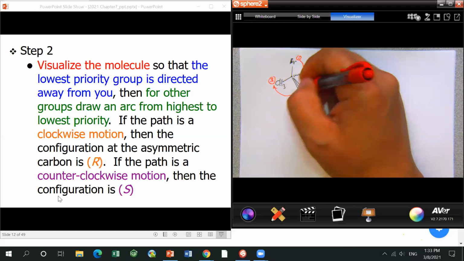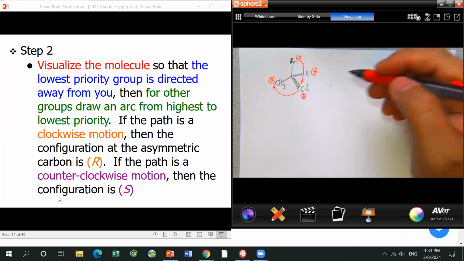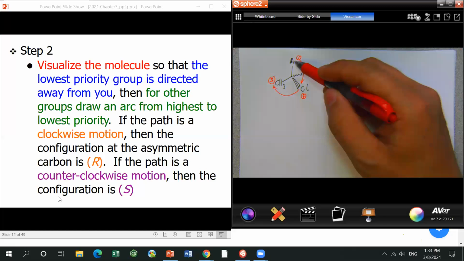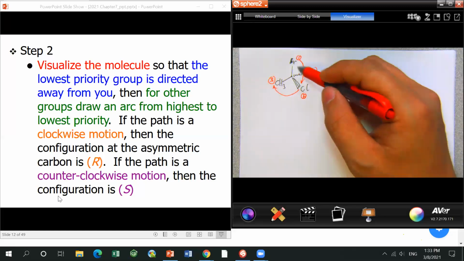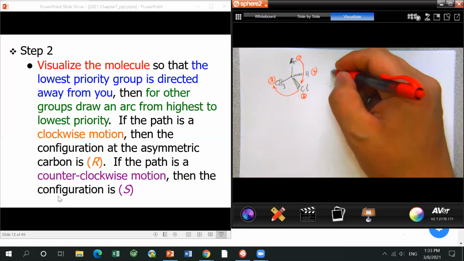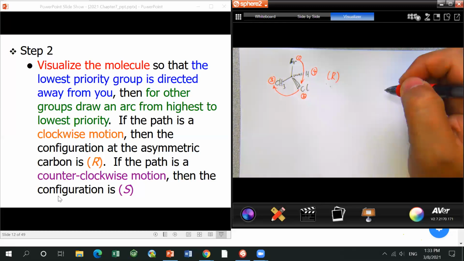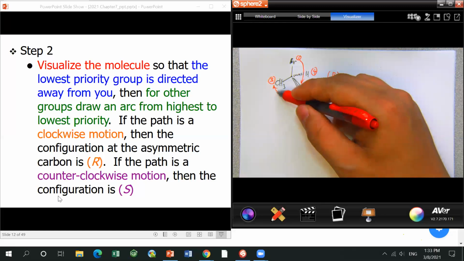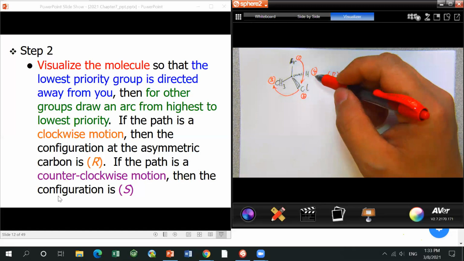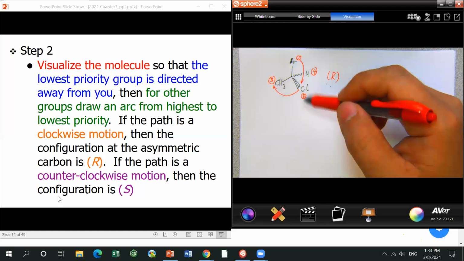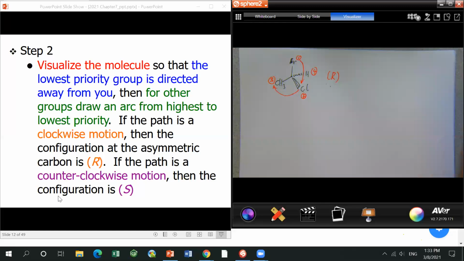So 1 to 2, 2 to 3. If this arc direction is clockwise, like in this example, then we assign it as R. If the arc direction goes counterclockwise, then we assign this chiral center as S. So that's pretty easy.